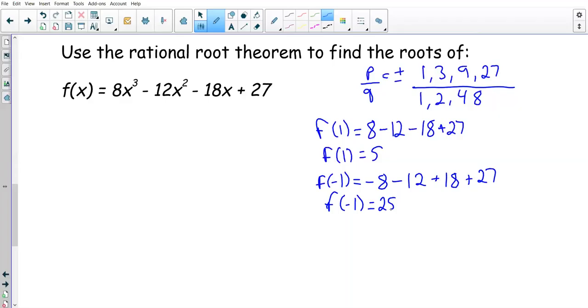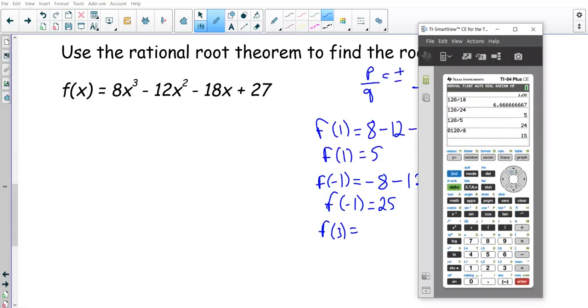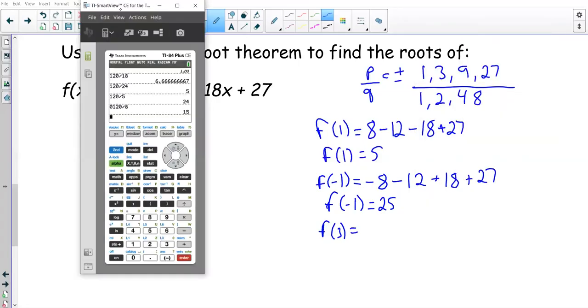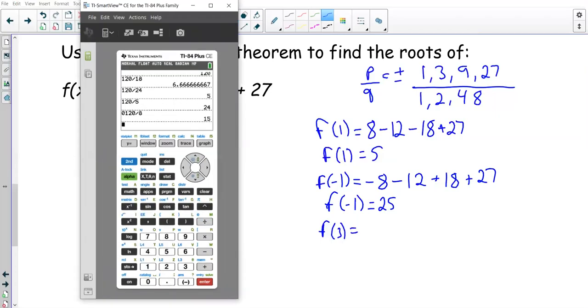So let's try f of 3. If you want to, you can just do this in your calculator. You don't necessarily need to do this all by hand. I've been doing it by hand, but there's no necessary reason to.